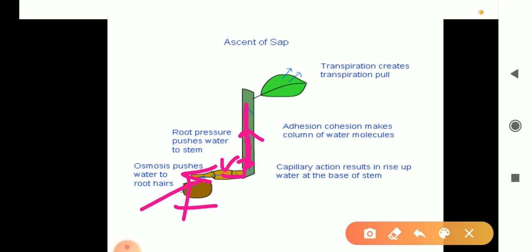And in the leaves, the most important factor is transpiration, which creates a suction pressure, which is called the transpiration pull. And due to this pull, a vacuum is created and the water column moves upward up to the leaf.